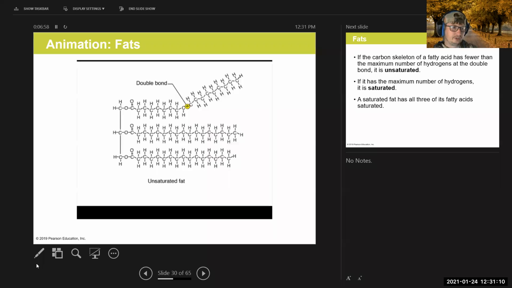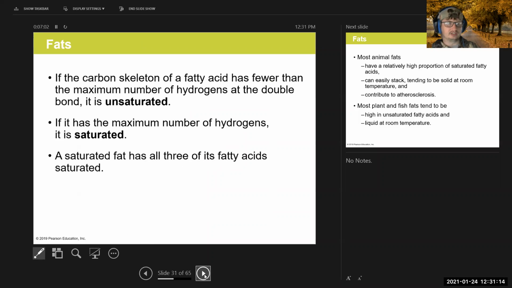Okay, so that last part that they were talking about in the video, the saturated versus the unsaturated fats, are really important in affecting the properties of that fat molecule. And so your unsaturated fats have a carbon skeleton that has double bonds in that molecule.